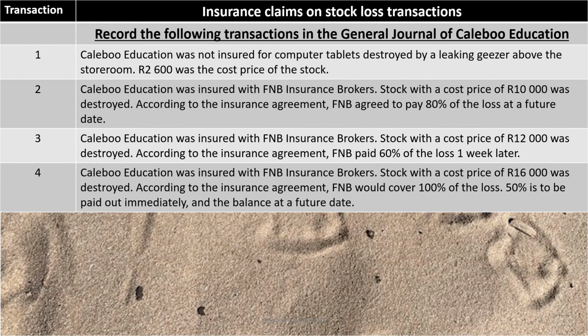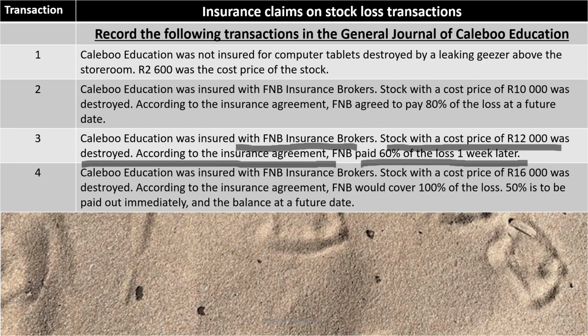Right, number 3. Calibu Education was insured with FNB Insurance. Stock with a cost price of 12,000 was destroyed. According to the insurance agreement, FNB paid 60% of the loss 1 week later. So stock with a cost price of 12,000 was destroyed, covered for 60% of the loss, going to get paid at a future date.